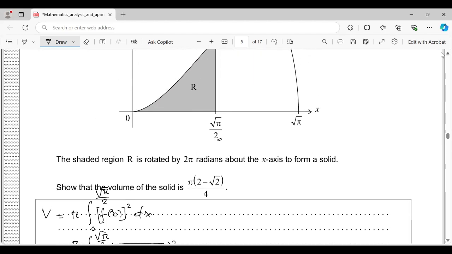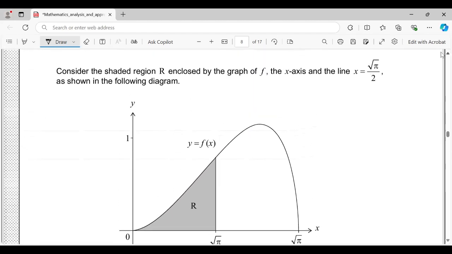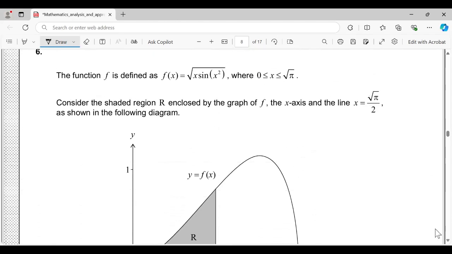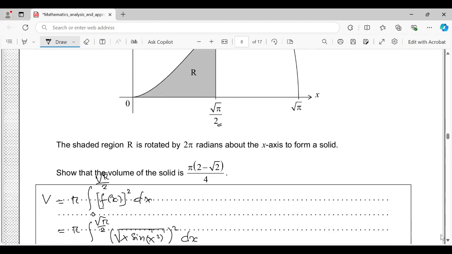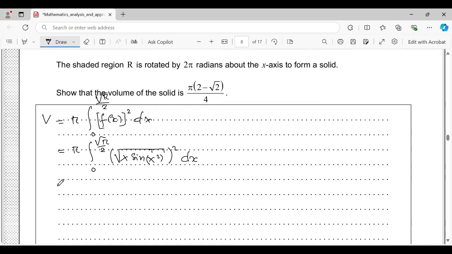I'm going to check the function. Okay, it's correct. And next it becomes pi times the integral from 0 to square root pi over 2 of x sine x squared dx.